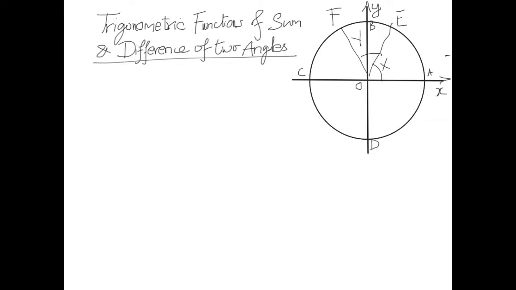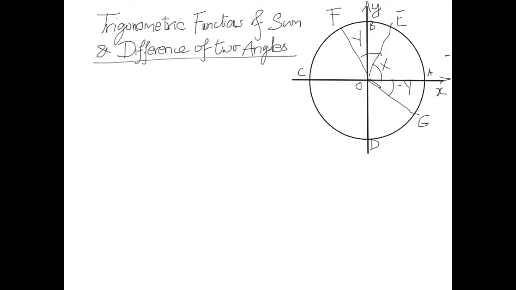And now on the negative side from the positive x-axis, that is in the clockwise direction, let us make an angle that is equal to y. Let us call this point G. So line segment OG makes an angle of minus y from the positive x-axis. That is, this angle is y in the clockwise direction from the positive x-axis.